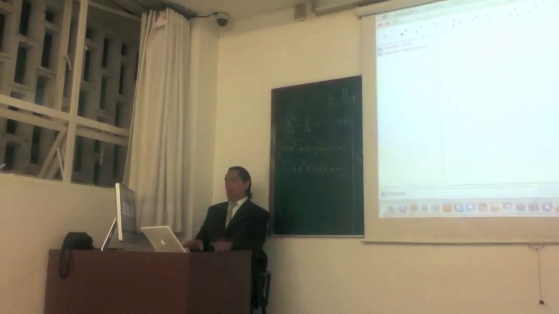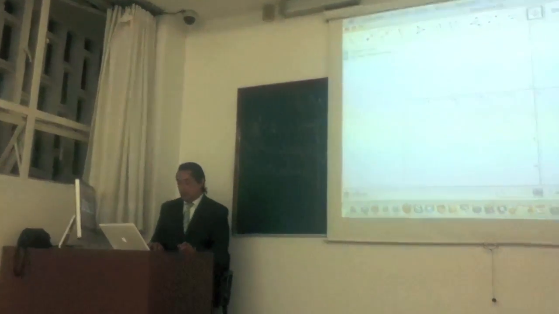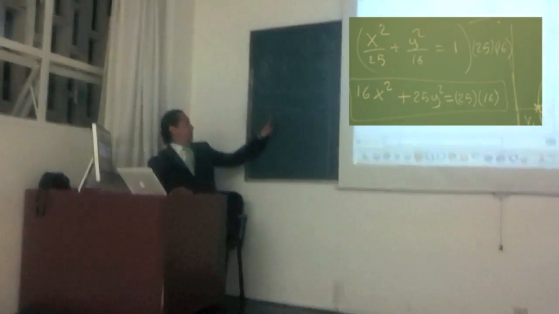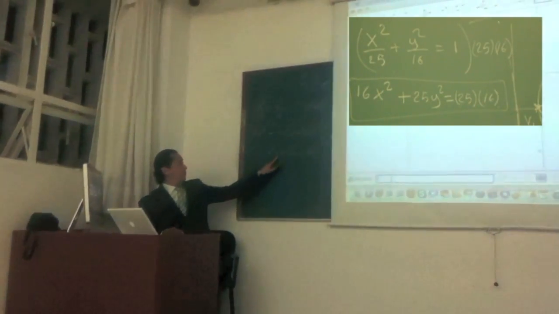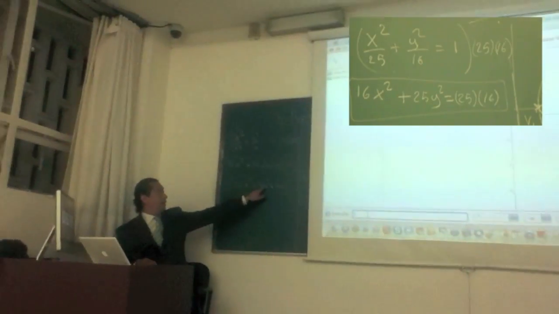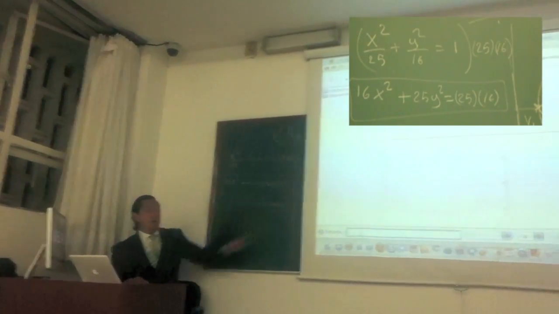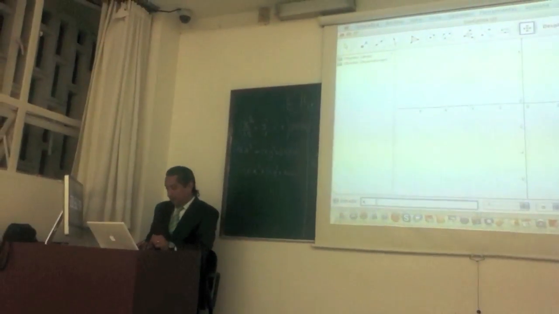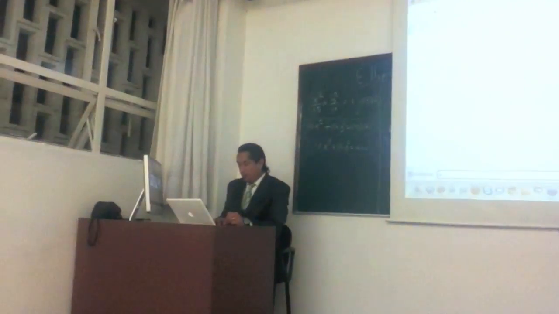Okay? The equation is 16x squared plus 25y squared equal to 400.